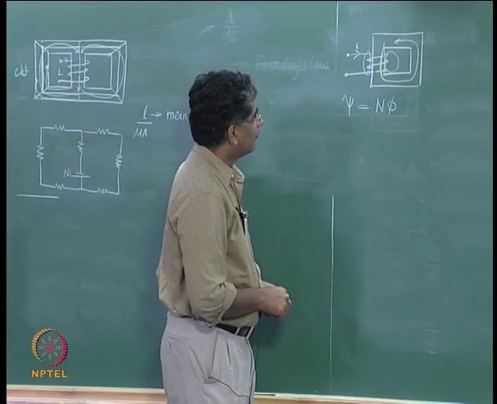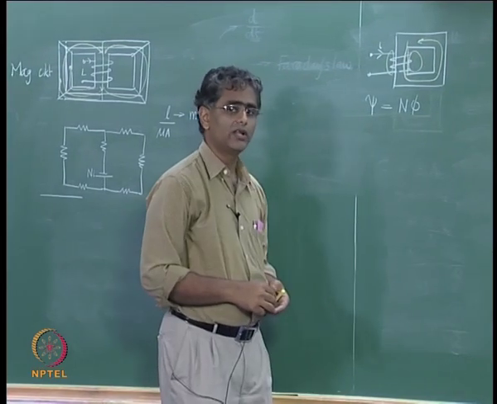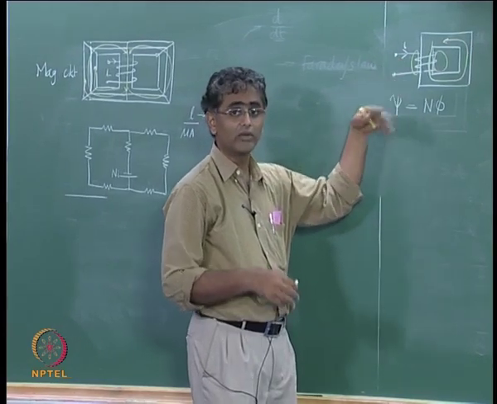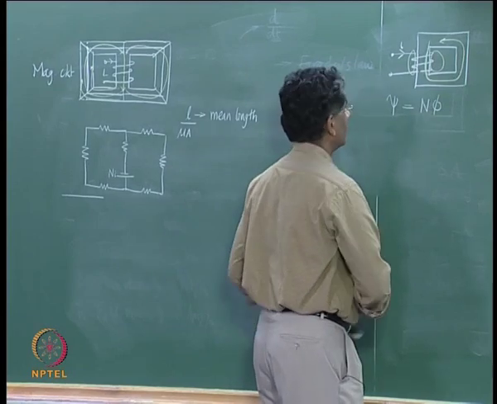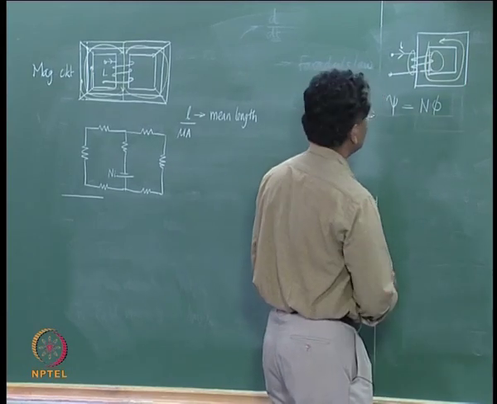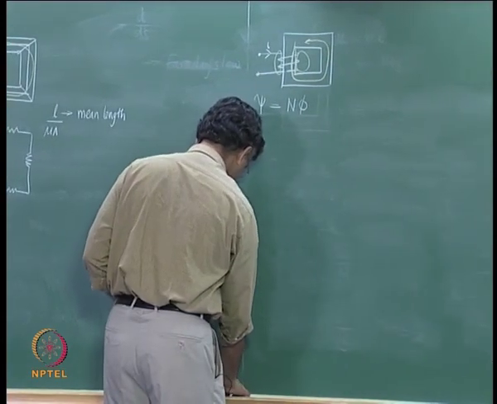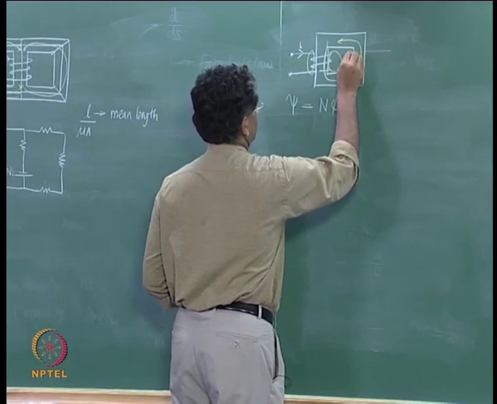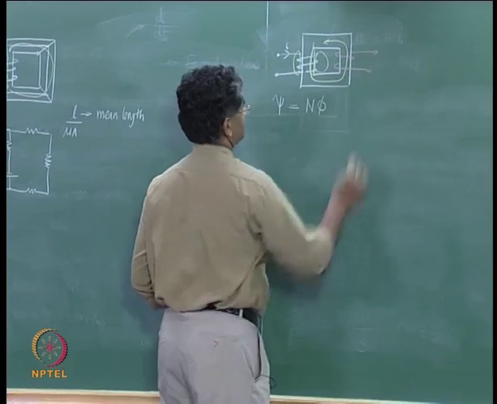Now this is fine, but invariably in electrical machines you do not have just one wire loop, there are many more, and therefore what happens if you now put another wire loop here. Let me draw that with another color, a second wire loop that goes around like this.